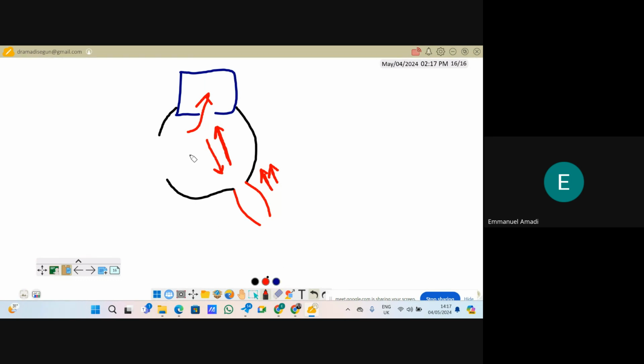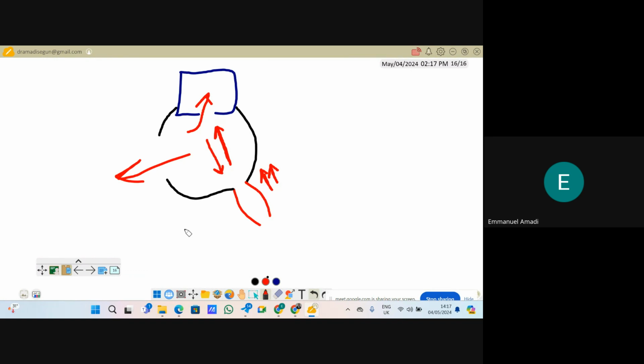And if there's a patent VSD here, of course, it will go to the right where there is lower pressure. That is why, when you look at the hand grip, the VSD and the regurg murmurs like aortic regurg and mitral regurg will go up. While the forward murmurs, the murmur of hypertrophic cardiomyopathy and aortic stenosis, will reduce.